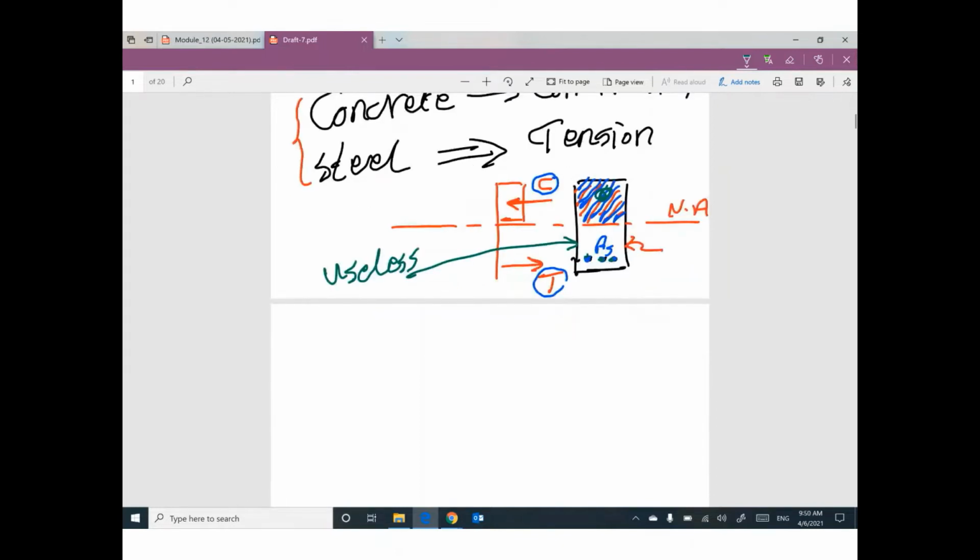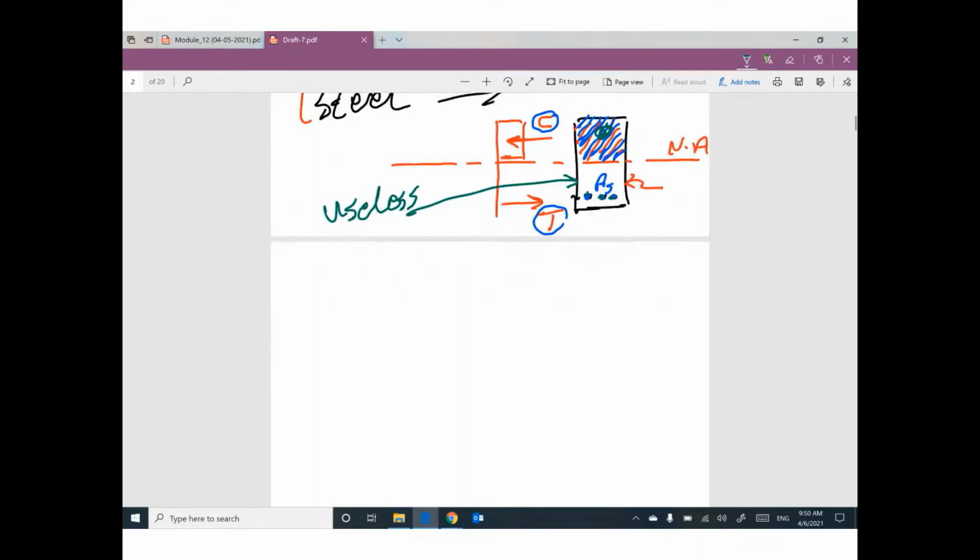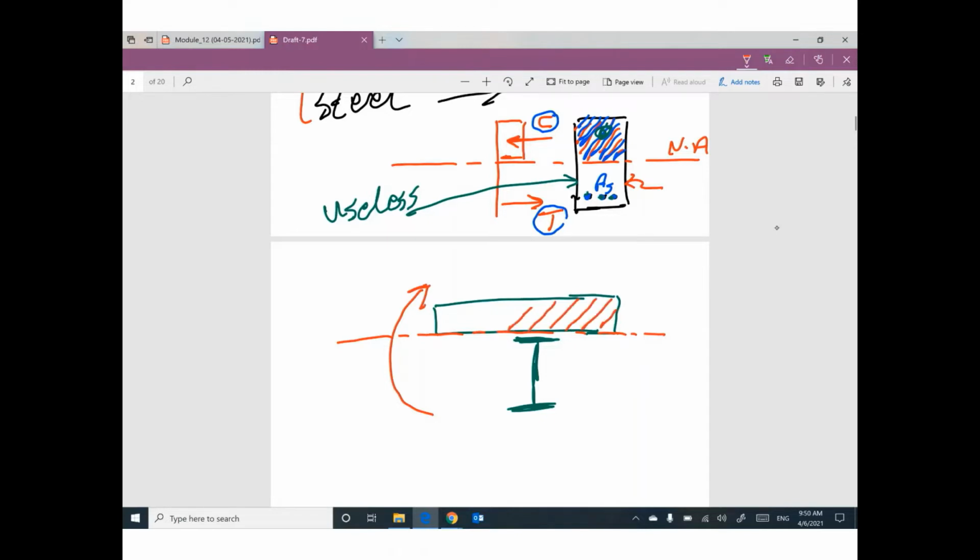Okay, what do you think if I put concrete only at the top and the steel beam at the bottom, and I keep the neutral axis in between or at least a little bit above? So if you have bending moment, the upper part of the cross section is under compression, excellent, we have concrete.